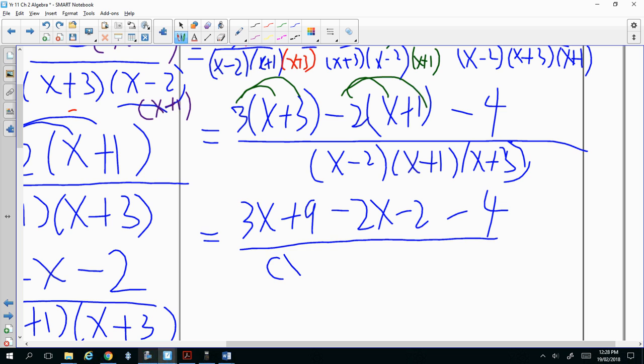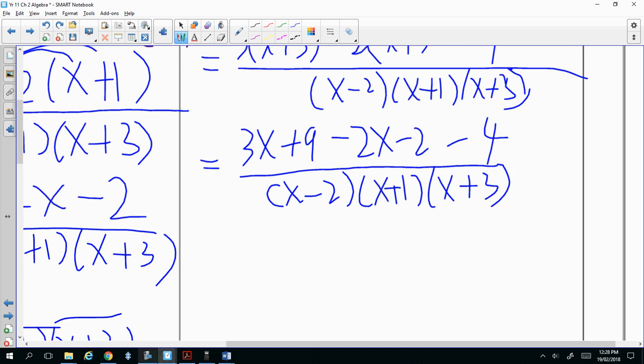Like that. Then you collect like terms, so you get x plus 3. You get x plus 3? Oh, x plus 3, yeah. So it looks like you can cancel, which is unusual, but alright.